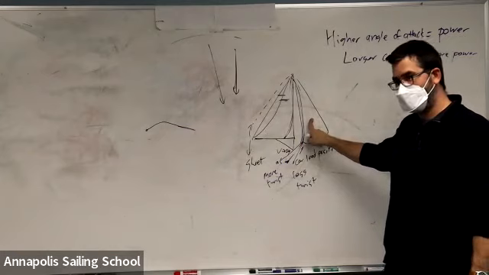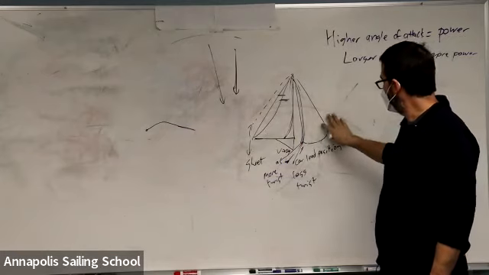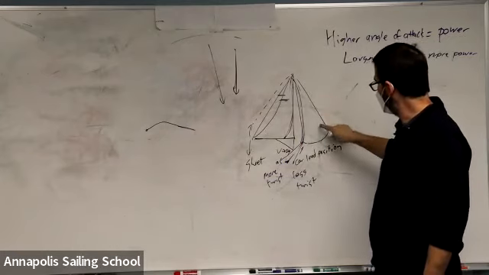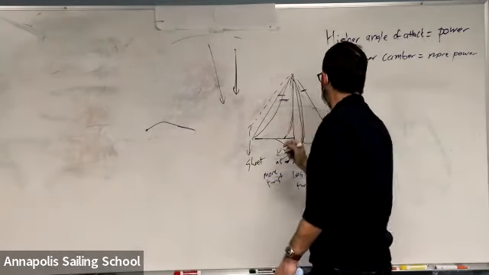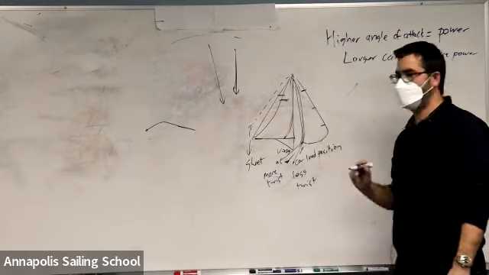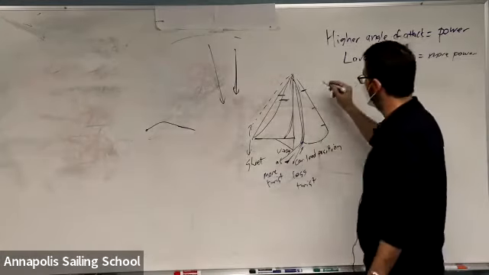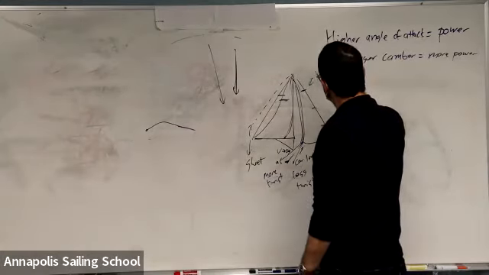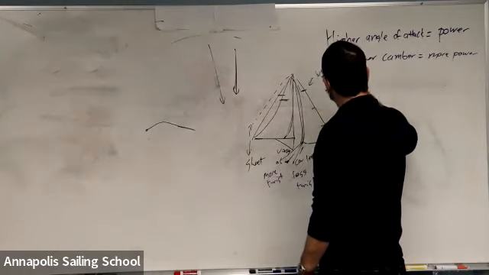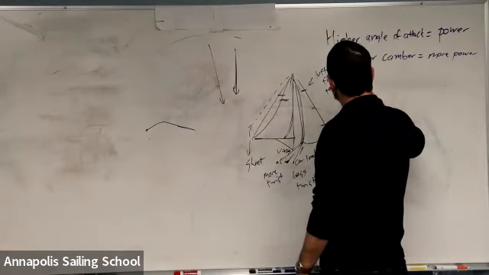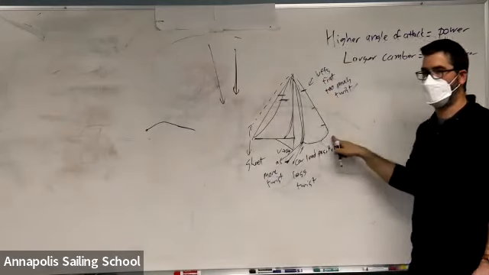With the jib, the starting place is so that it luffs. You've got telltales here, here, and here. You want these telltales to basically luff at the same time. If this luffs first, that means too much twist. That means you're losing the top of the sail before the bottom.